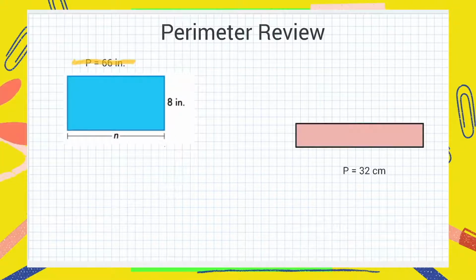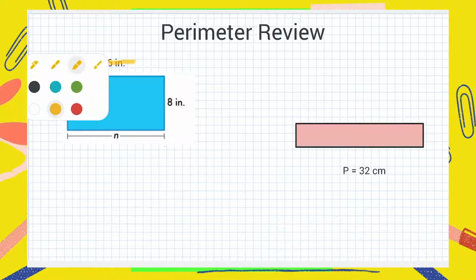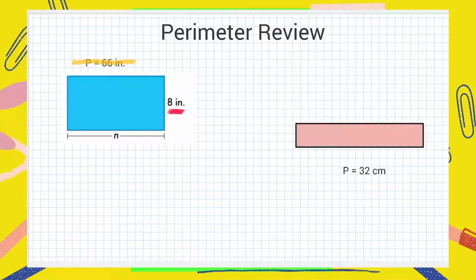66 inches. Very good. I only know one of the side lengths, 8 inches. But because it's a rectangle, I know that if this side is 8 inches, then so is the corresponding side.